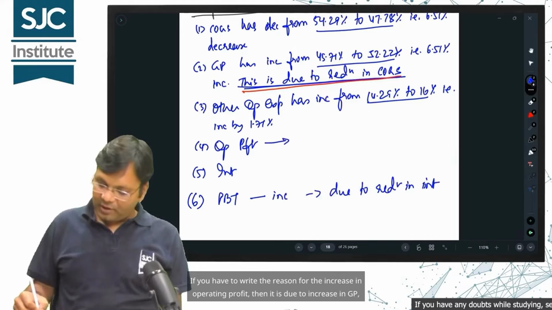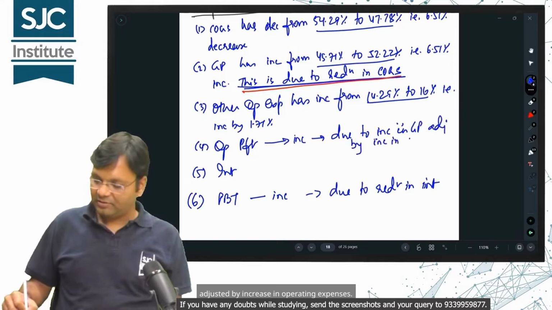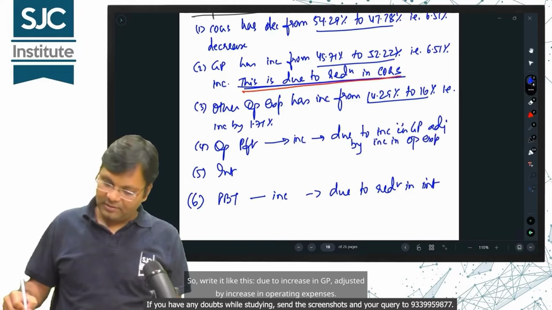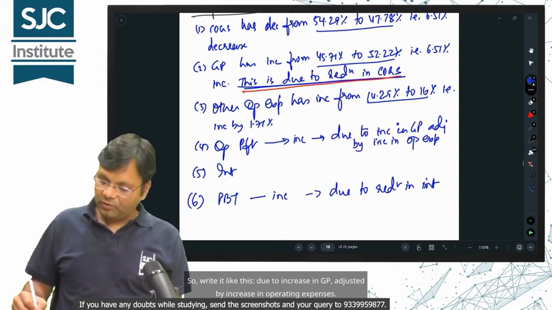If you have to write the reason for the increase in operating profit, then it is due to increase in GP, adjusted by increase in operating expenses. So, write it like this: due to increase in GP, adjusted by increase in operating expenses. Okay.